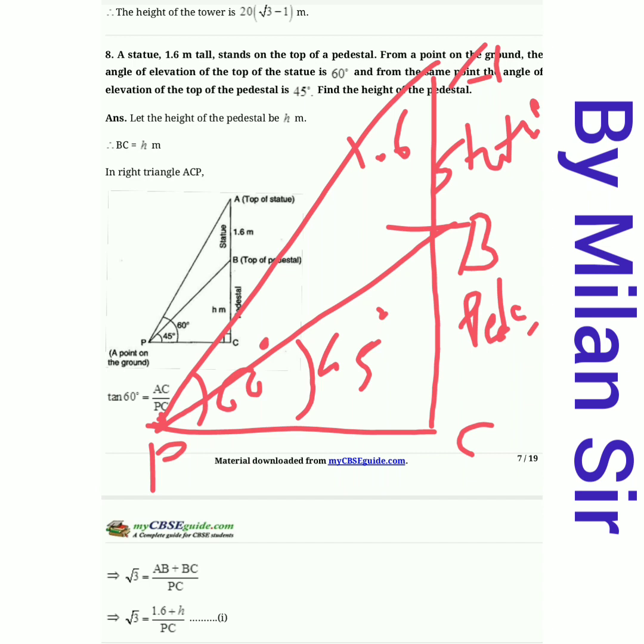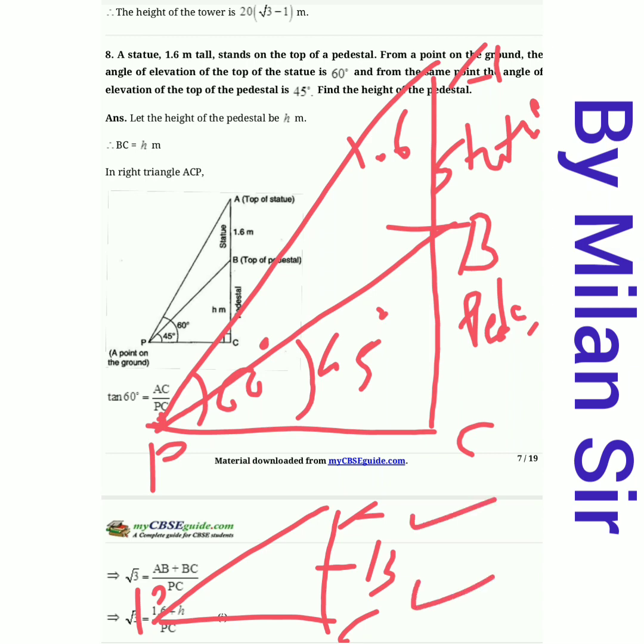Now in the above question, a similar type question, right? If I give names A, B, C, in that question BC is given and we need to find AC. That means the height of the building is given and we find the height of the tower.